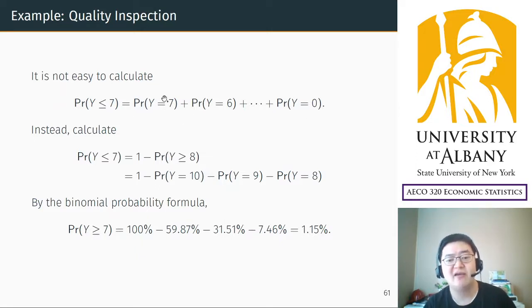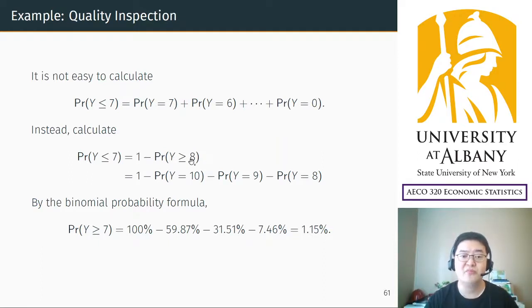You have to apply the binomial distribution's probability 8 times. It's not a smart way. Instead, you are calculating the probability of Y smaller than or equal to 7, which is the probability of rejection. But an easier way is to calculate the probability of acceptance and take the other side.